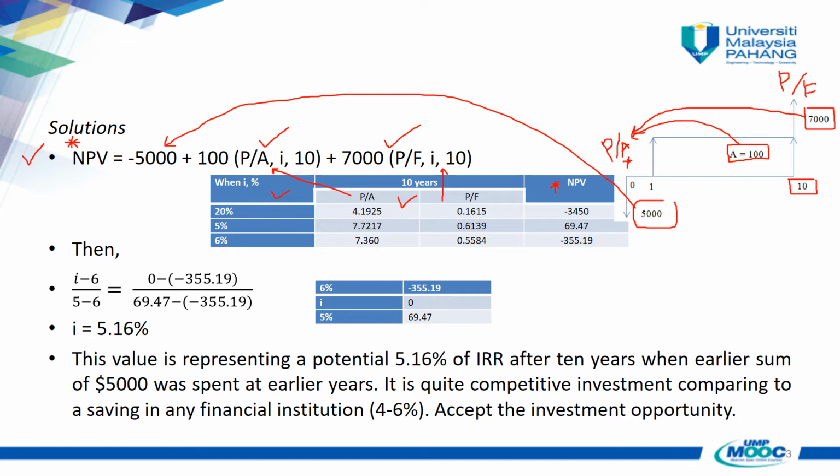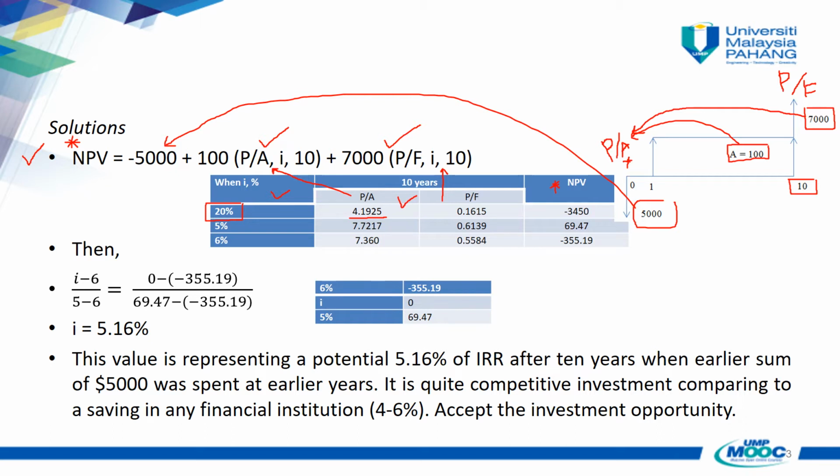We got this equation and we constructed the table. Let's say I'm greedy enough, I want more money, so I put 20% first as our interest rate. After that, I open the compound interest table. I take finding P when I know the A at year 10 and put it inside our equation.